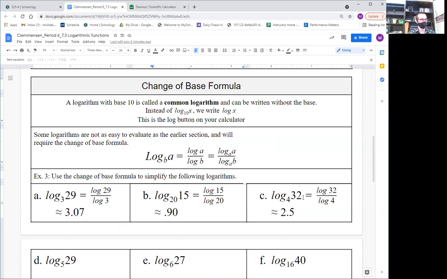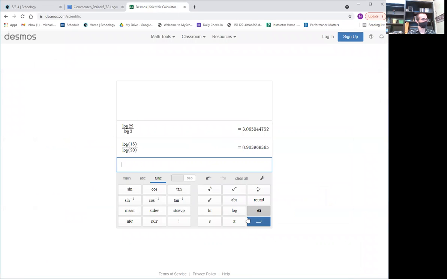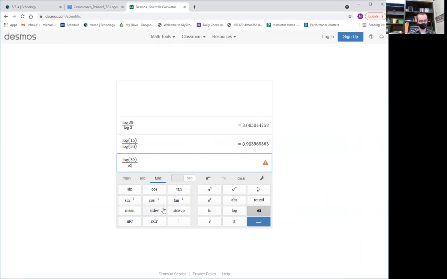And then finally, we have our last one, log base 4 of 32. Log 4. Nope, that's not right. Log 32 divided by log 4, 2.5.